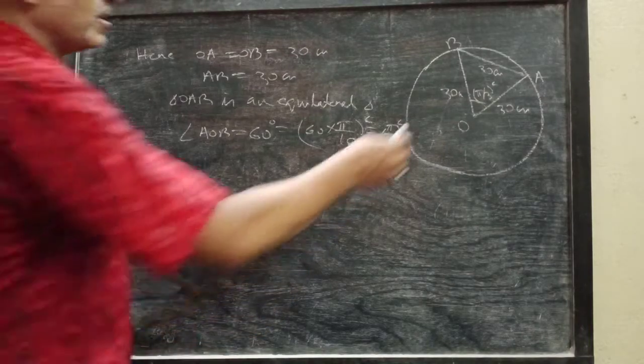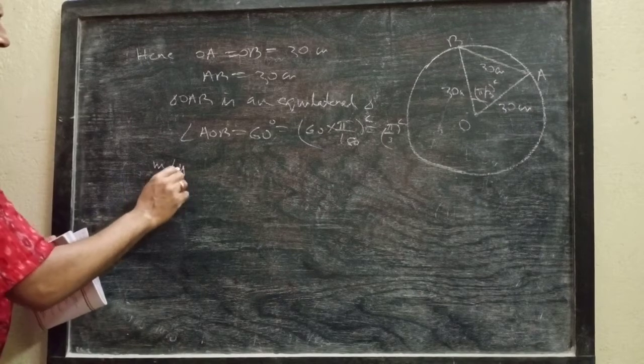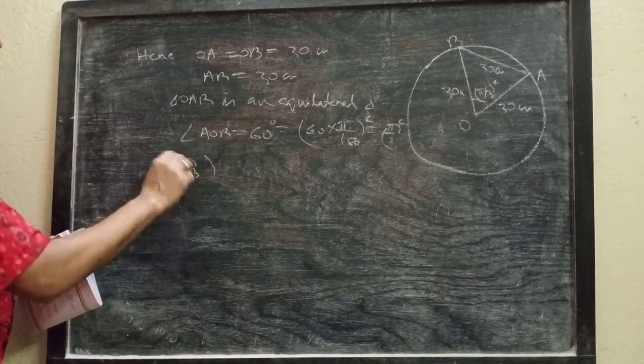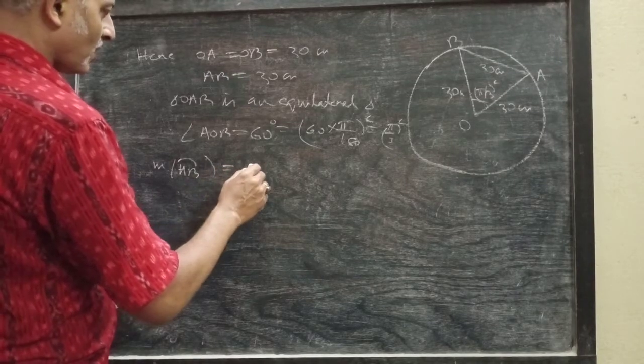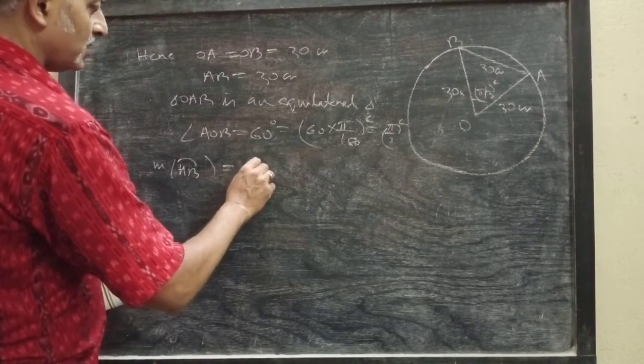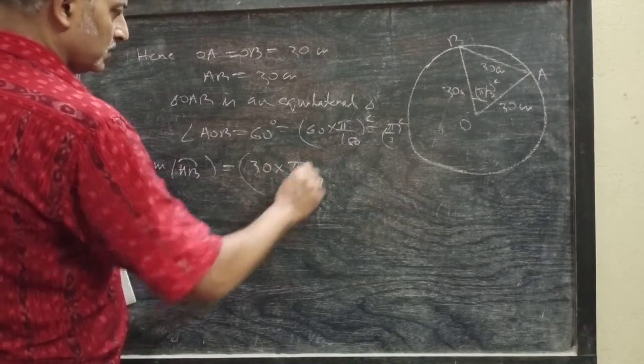Length of the arc. You are asked to find the length of the arc. So measure of arc AB. Look, this is arc AB, not chord AB. This will be r theta. So your r is 30 centimeter and theta is pi by 3 radian.